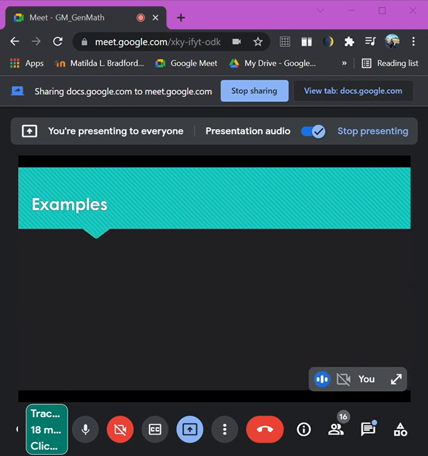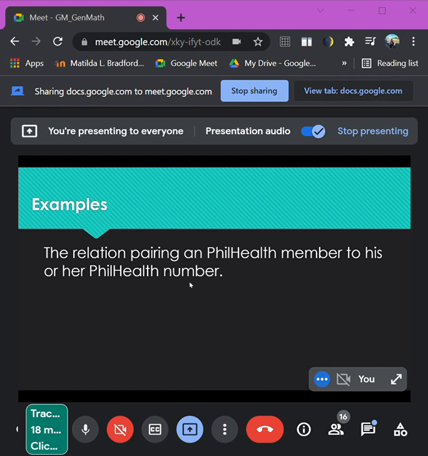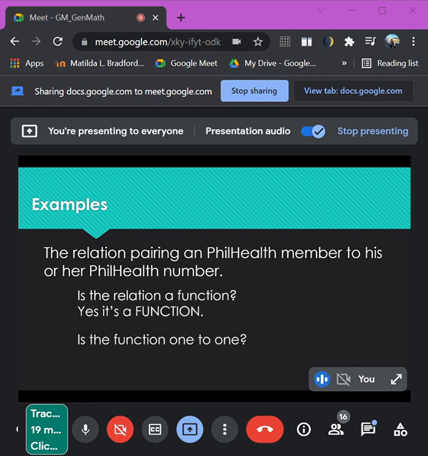So you have here some examples. So these one are real life examples. Okay. So we have here the relation pairing a PhilHealth member to his or her PhilHealth number. So this one is an example of a one-to-one function. Nga naman teacher, because when we say one-to-one function, ang iyahang pair sa imuhang x kay usara siya sa imuhang pair sa y.